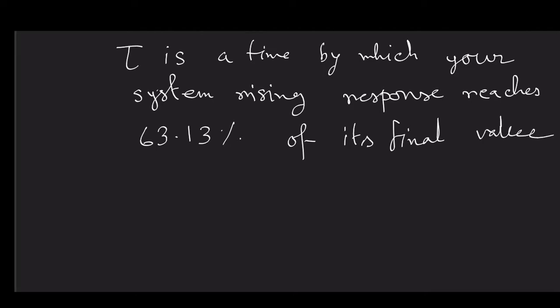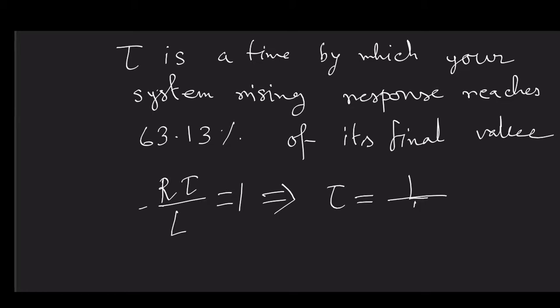So basically, we can write tau is equal to L by R. Do remember a basic thing: in the case of a circuit that contains some inertial element like an inductor, the time constant is L by R. If you increase the value of L, it will increase the time constant of the system.